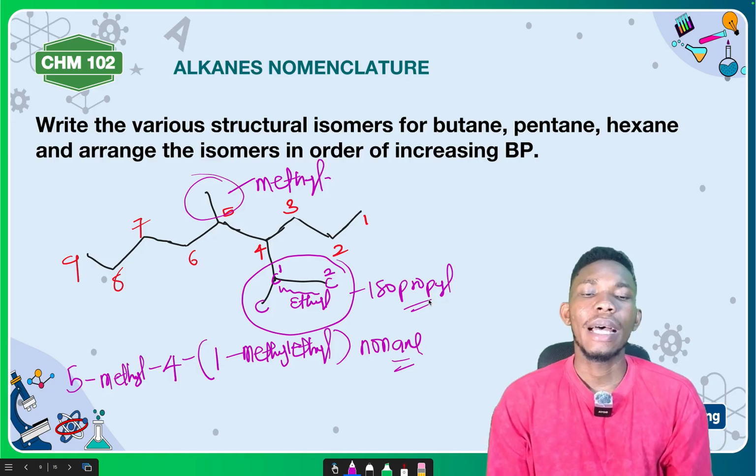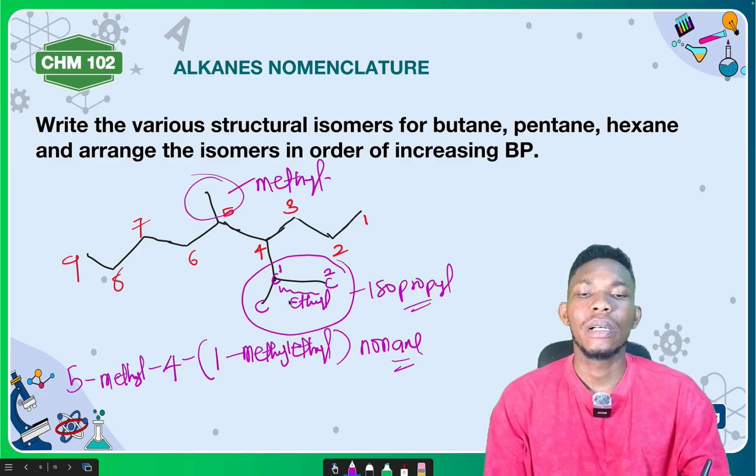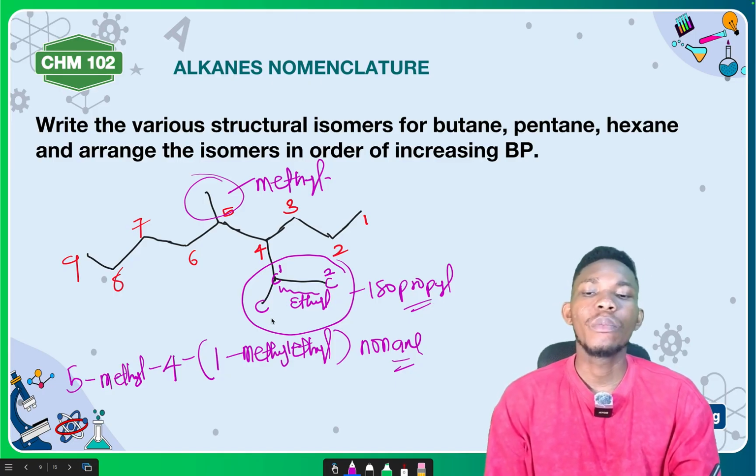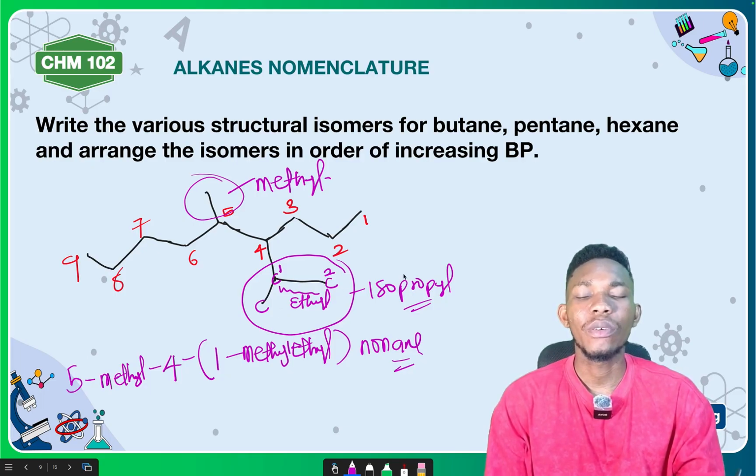Is that okay? Now, if you call it isopropyl, I comes before M, but you don't use this thing here. You use the P configuration.